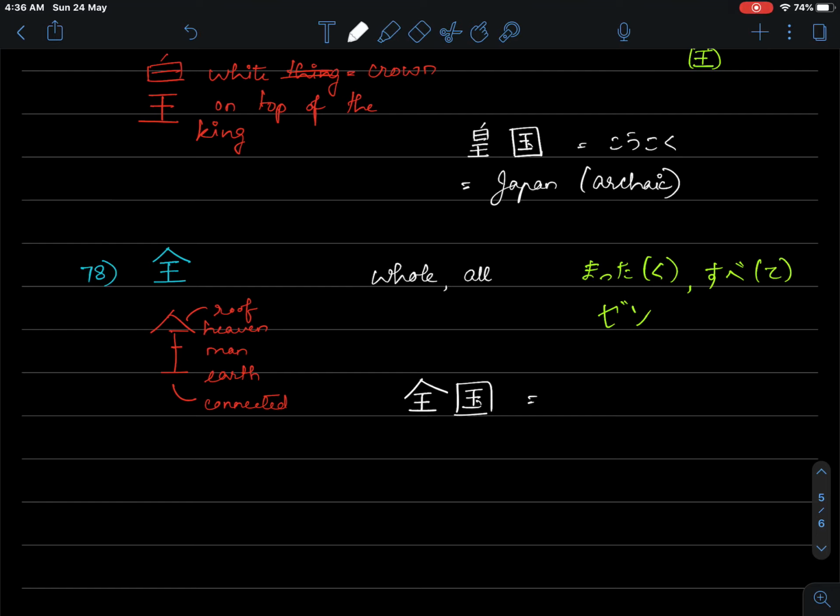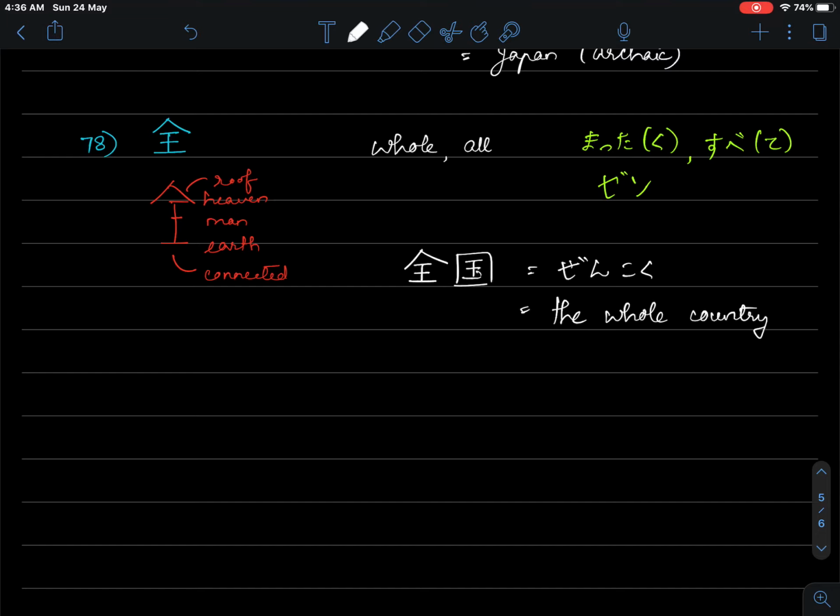Let's see the reading first. Zenkoku, which means the whole country. Obviously all country or whole country, right? And let's have a look at the next word.